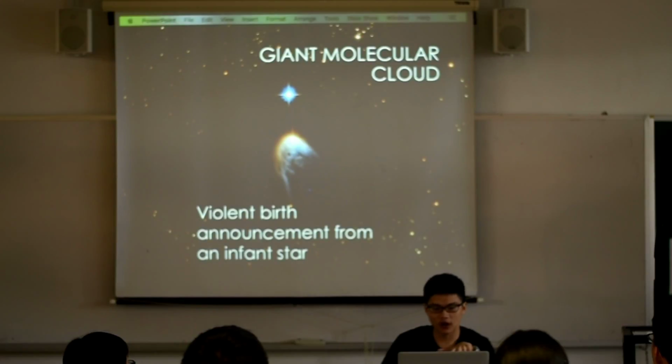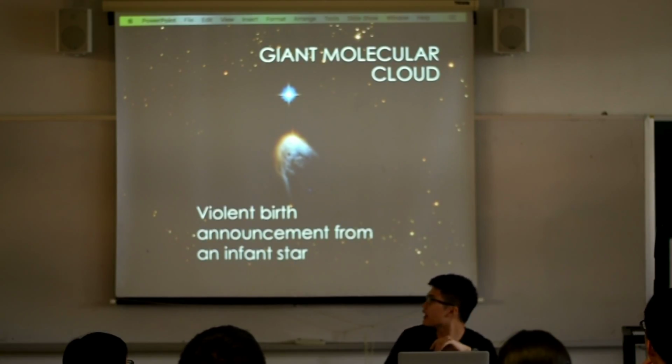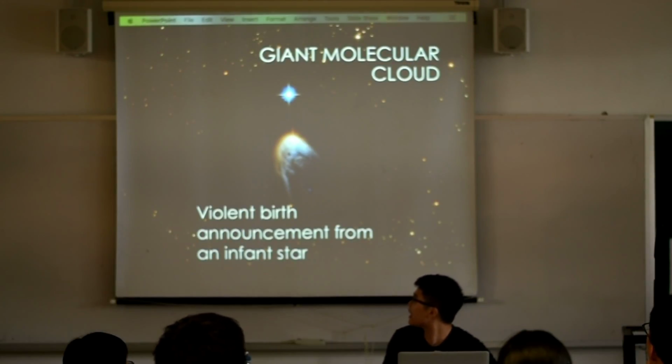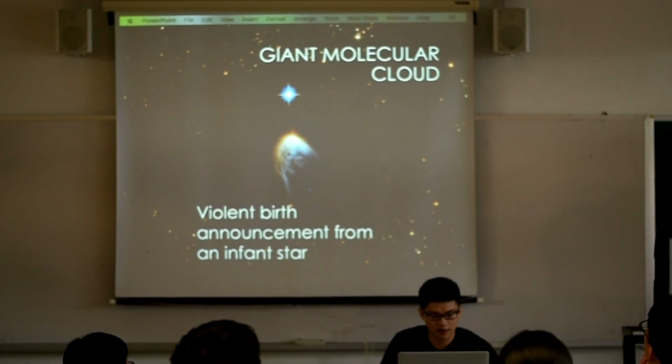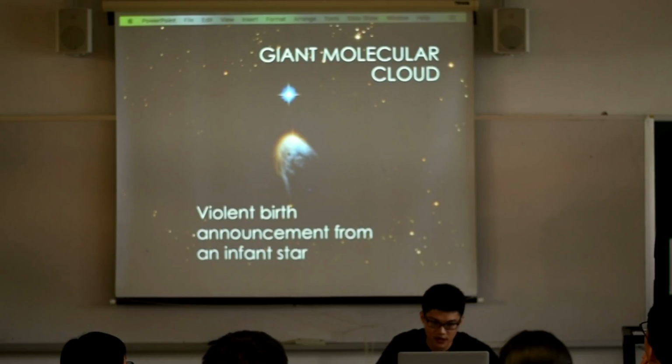This is a photo of a giant molecular cloud, and you can see the violent burst of an infant star. A giant molecular cloud is where a star is usually born from.